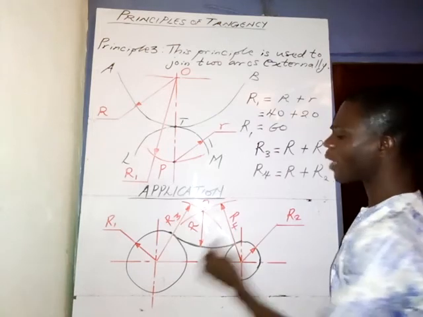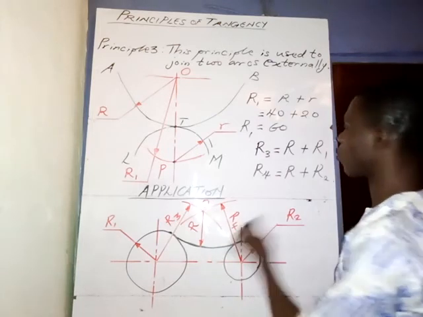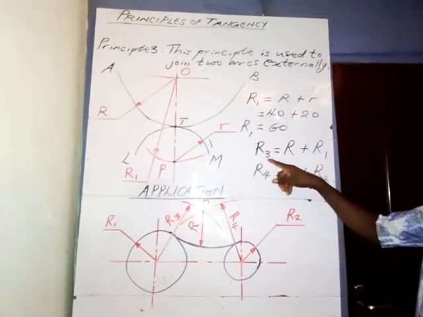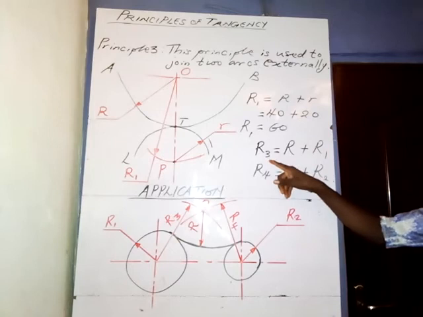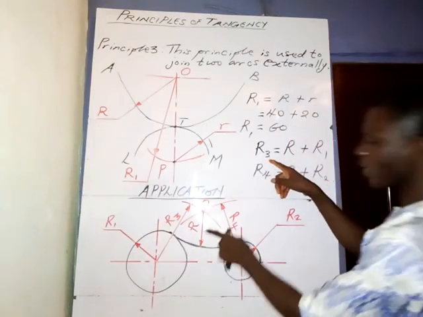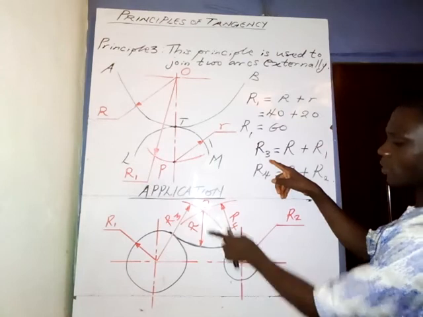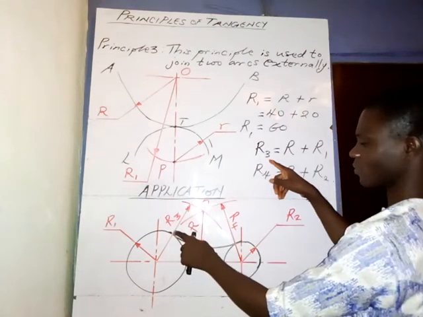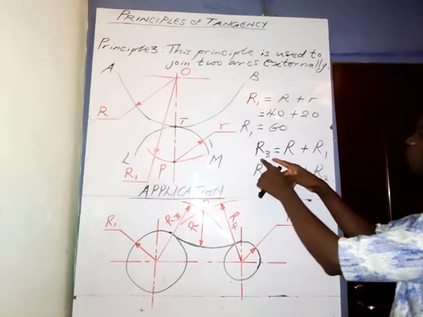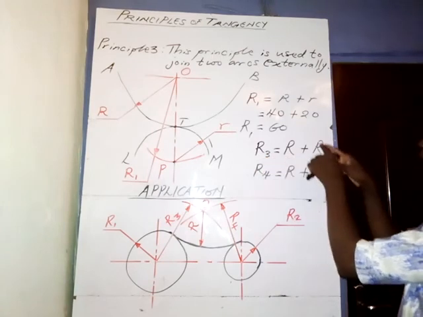So how can we get R3 and R4? That's what I've explained here. To get R3, you add the radius of the big circle to the radius of this arc, which is R. That means R3 equals R plus R1.